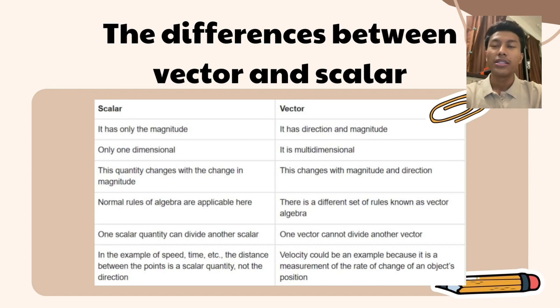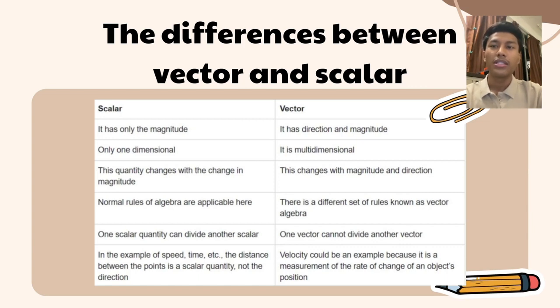So, this is a table about the difference between vector and scalar. I will give the characteristics of vector and scalar. Scalar has only magnitude, only one dimensional.